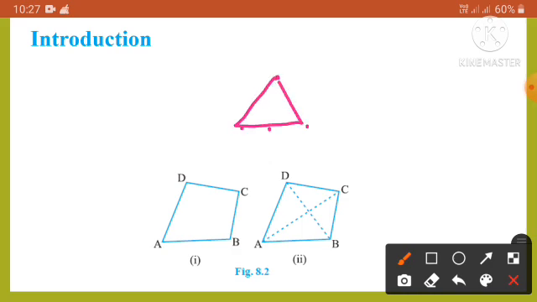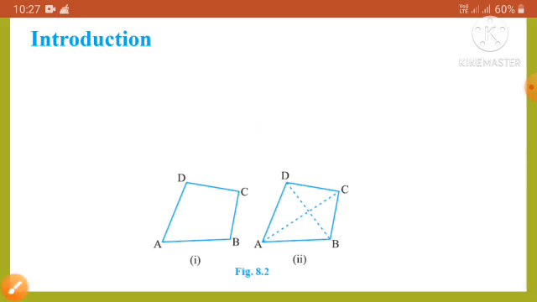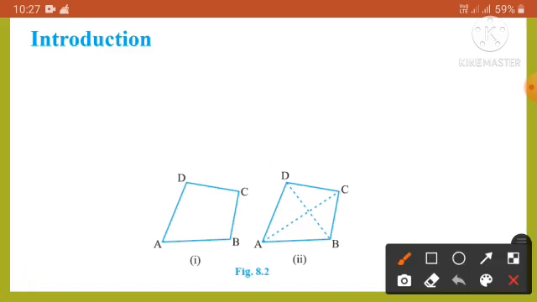Here also we have 4 points. If no 3 points out of 4 points are collinear, we obtain a closed figure with 4 sides. Now if I join these points with a line, we will get this figure. In this figure no 3 points out of 4 are collinear.